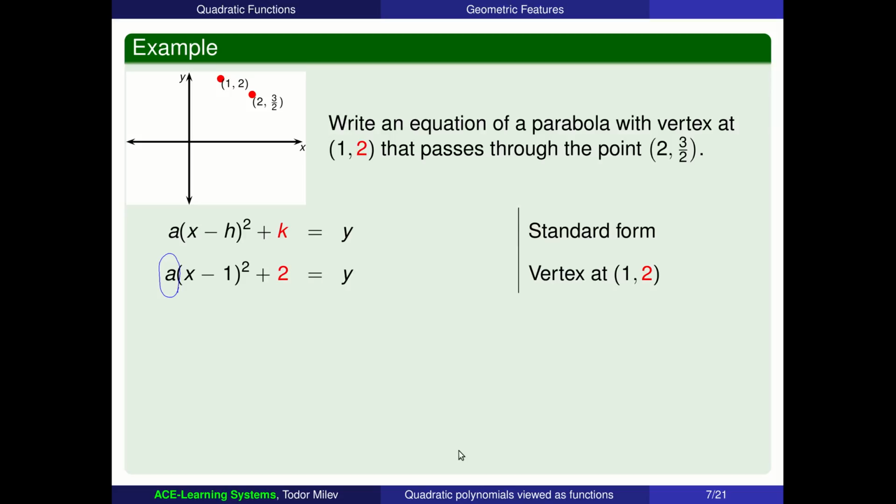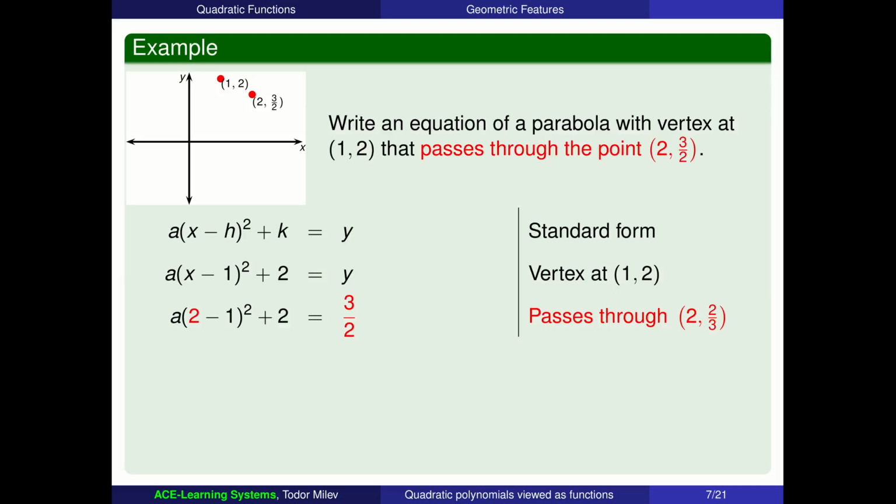So if we know a, we know the parabola. Okay, let's see what's a equal to. How do we find a? Well, we are given more information. We have not yet used the fact that the parabola passes through the point with coordinates 2, 3 halves. How can we use that in this problem?